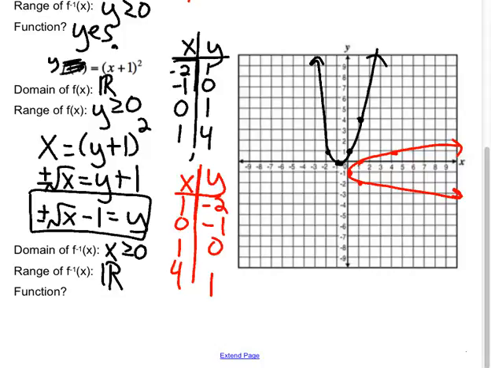Now the real question though, is this a function? So, is this thing a function? Well, if I draw a vertical line through it, it touches twice. So it actually fails the vertical line test, okay? And another thing that I'm going to point out to help you more easily do this is the reason it's failing the vertical line test is that plus or minus right there.